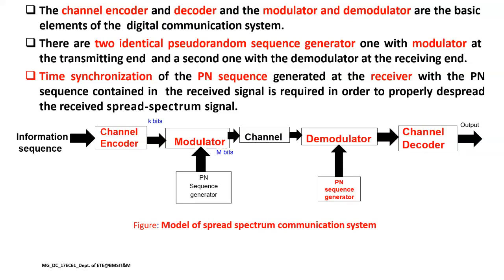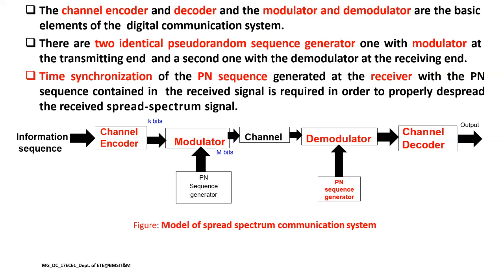So in spread spectrum communication, in addition to these four blocks, the channel encoder and decoder and the modulator and demodulator, we have two identical pseudo-random sequence generators, one with the modulator at the transmitting end and one with the demodulator at the receiving end. This is the difference between the spread spectrum communication system and the conventional communication system.